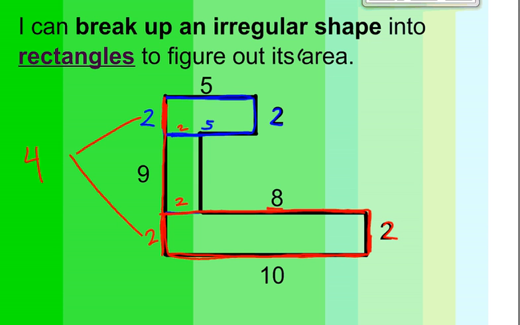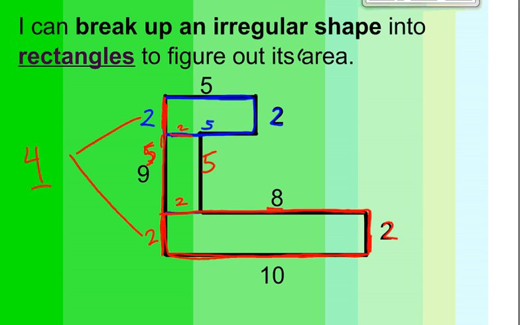Then this part must equal 5. Right? Because 4 plus 5 equals the whole 9. So this rectangle, I have a 5, 2, this part is 2, and then this part is going to equal 5 as well.